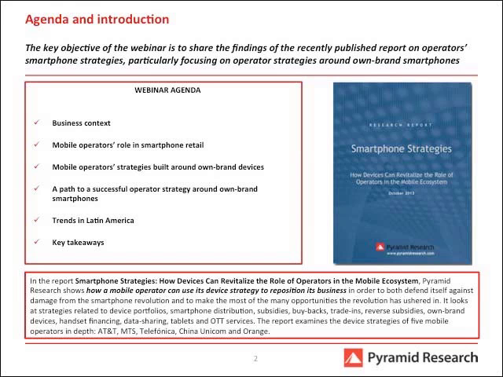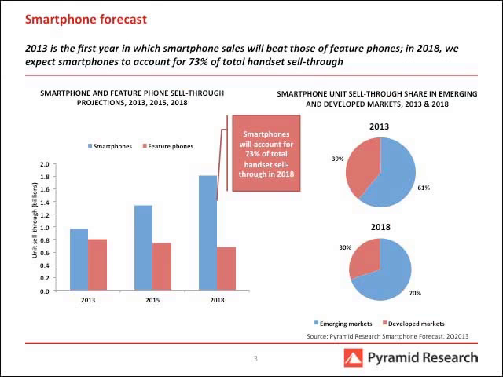Now let's go on to the next slide. As I said, we will provide some business and market context. On the left side of this slide, you can see our projection for unit sell-through of smartphones and feature phones for 2013, 2015, and 2018. 2013 is the first year in which smartphone sales will beat those of feature phones.